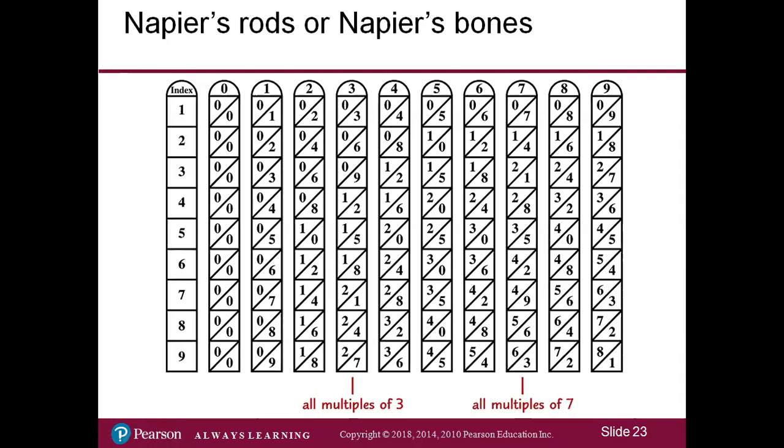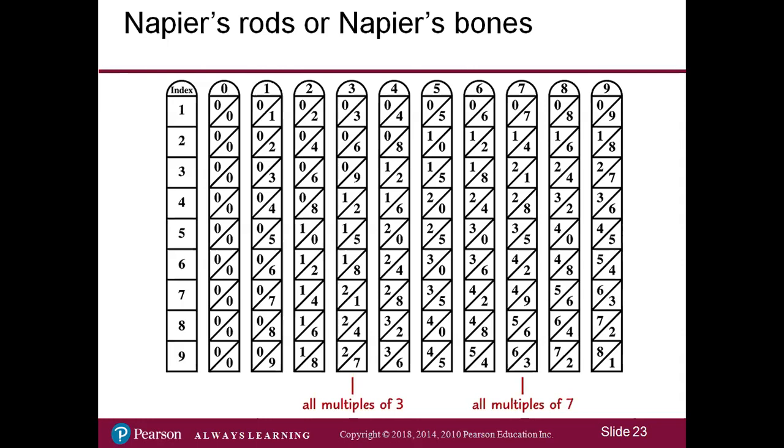If you look at it, it is the times table, right? So we've got all the multiples of 0 on a 0 bone. We've got all the multiples of 1 going down the 1 bone, where again, you view the boxes as a unit, and the top box is like the tens place, the bottom box, the ones.